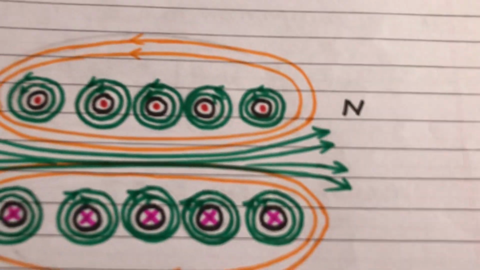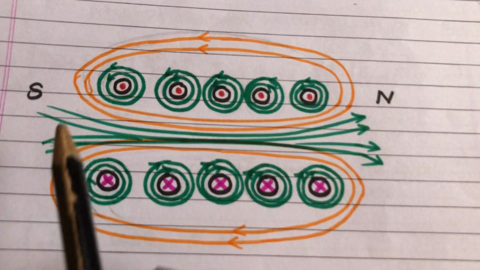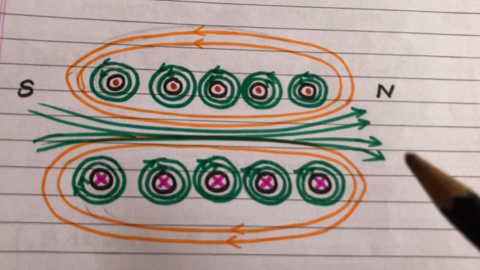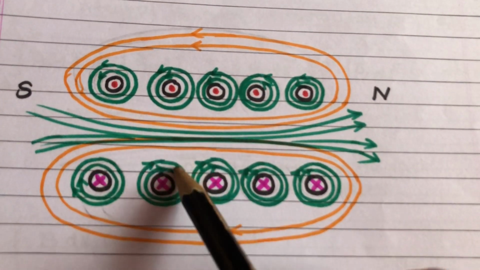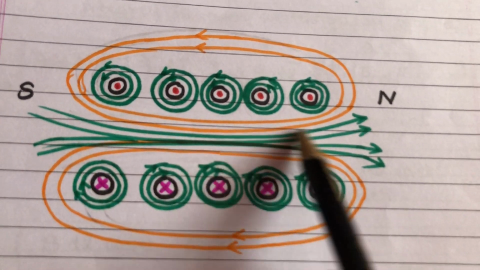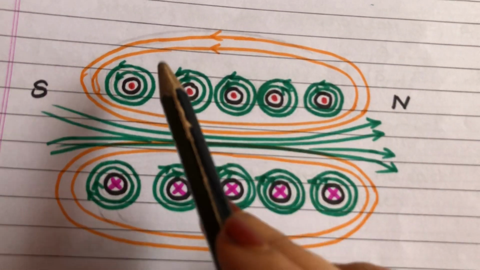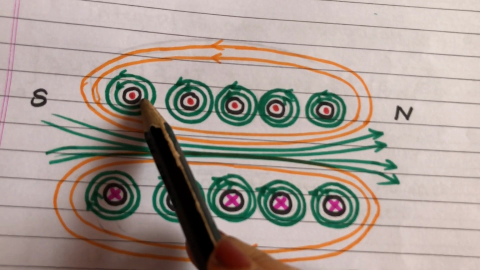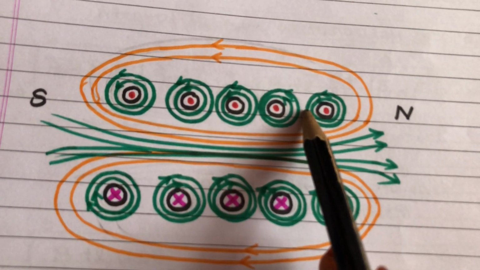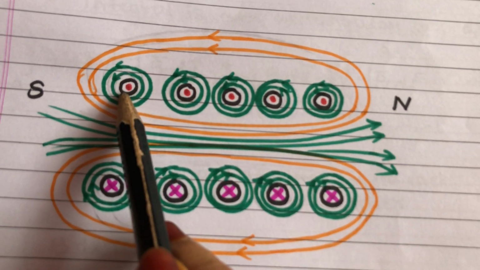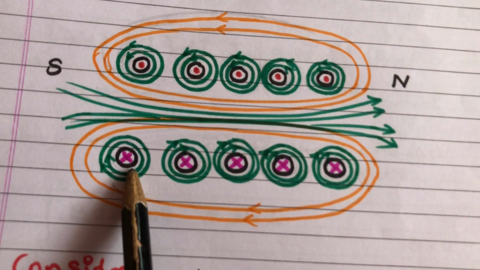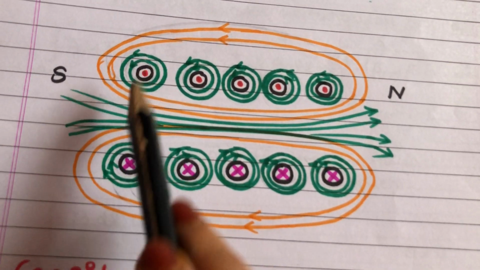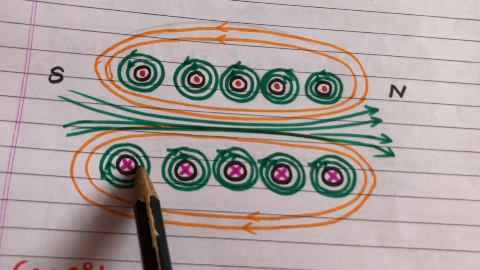Now talking about the magnetic field, wherever the magnetic field is the same, I have shown it with the same color sketch pen. Along the axis the magnetic field is the same. At the upper end of the solenoid, around the wire, the magnetic field is the same. At the lower end the magnetic field is the same, meaning at these three places the magnetic field is uniform.